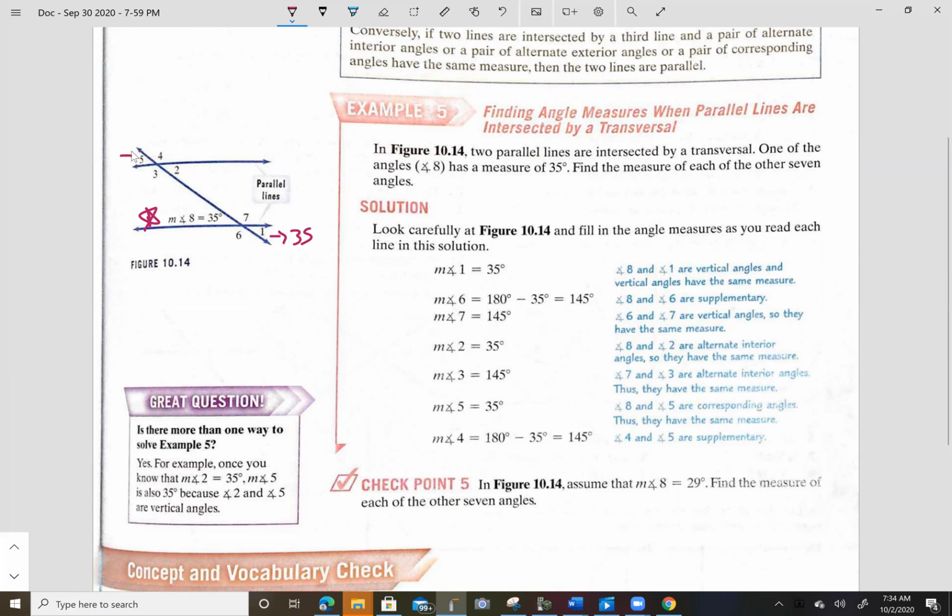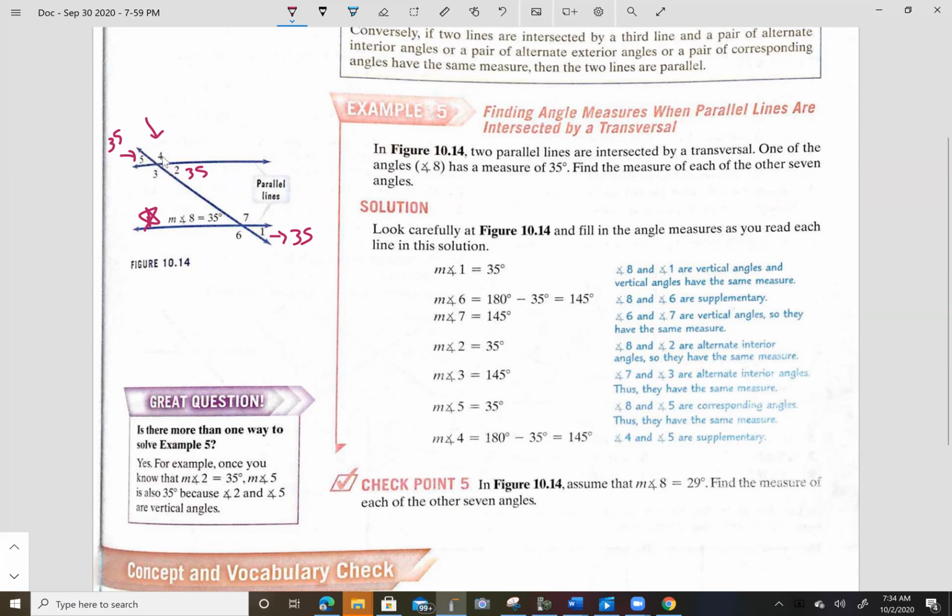We know that 5 is also 35 because they are corresponding. It's the same exact angle on a different line. And that makes 2 also 35 degrees because 2 is vertical to 5. And that means that angle 4 is supplementary. Those two angles are going to add up to 180 because they're on that straight line.